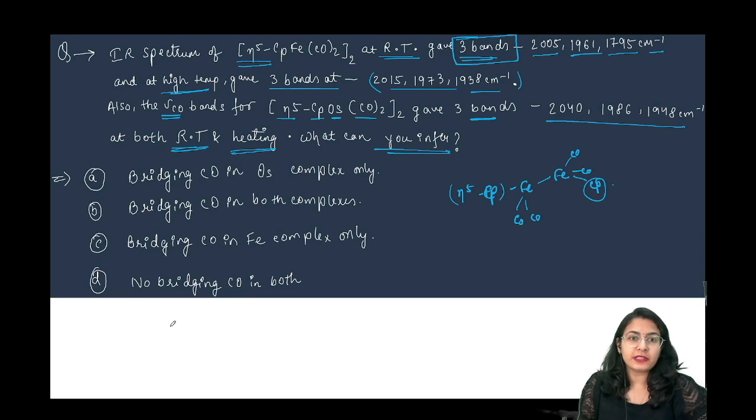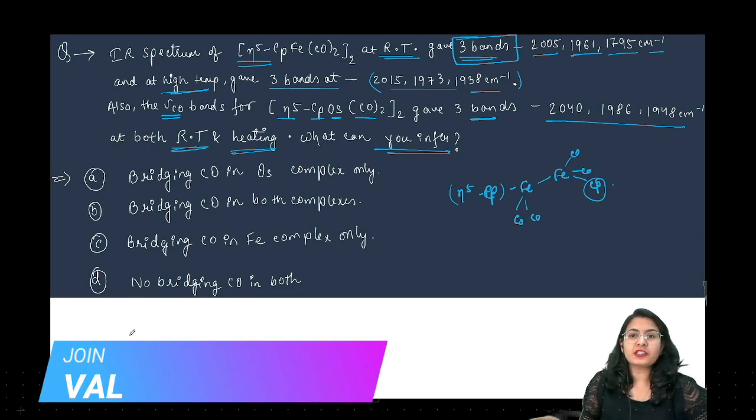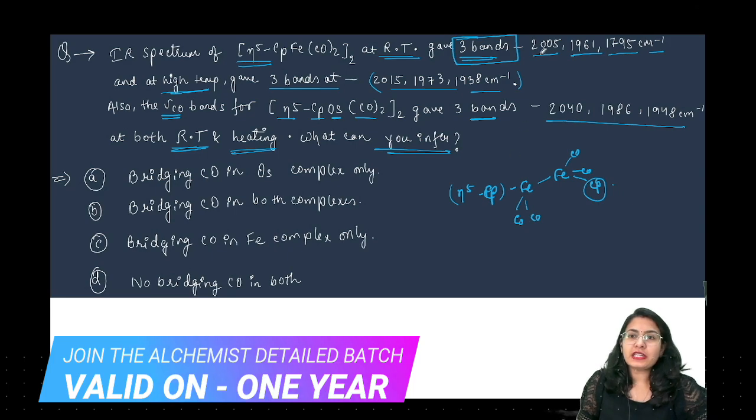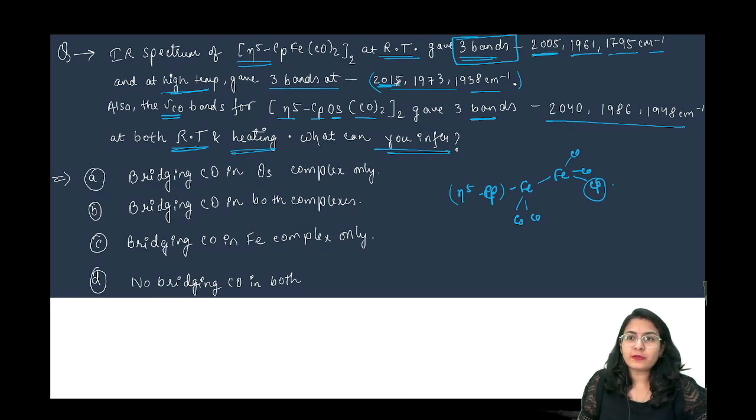There are 2 possibilities, if at lower temperature and higher temperature it's becoming different. You see that these two are almost similar, only a difference of 10 centimeter inverse. These two are also very similar, only a difference of 10-12 centimeter inverse. But the third value has changed drastically, like a 200 centimeter inverse change.